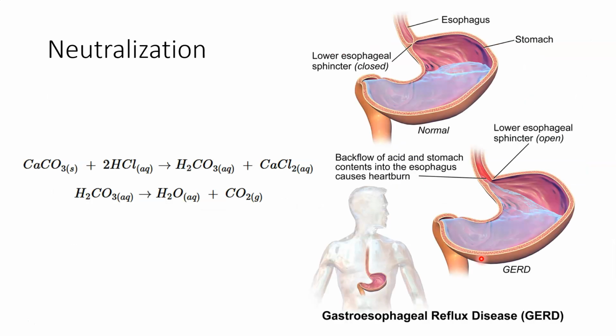So neutralization reactions, these are really important because this shows how a compound can react with an acid and produce some sort of different product. And now you've actually seen this in lab.